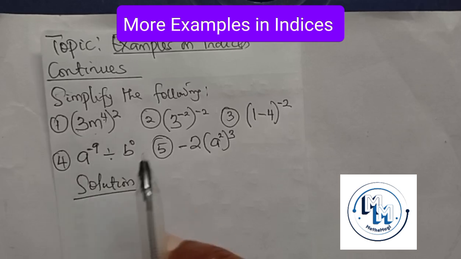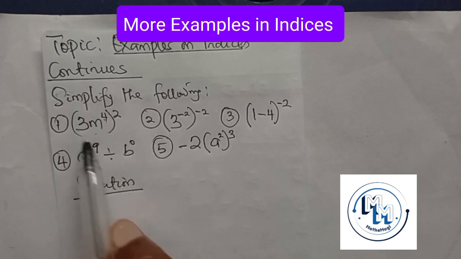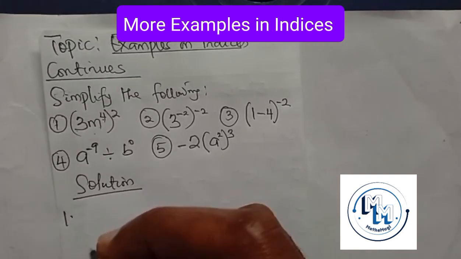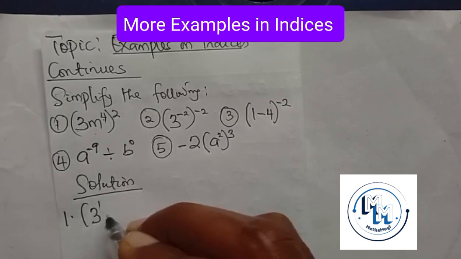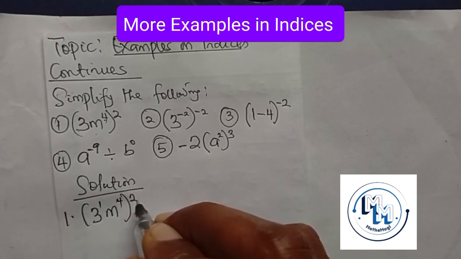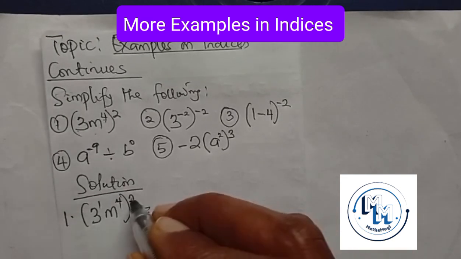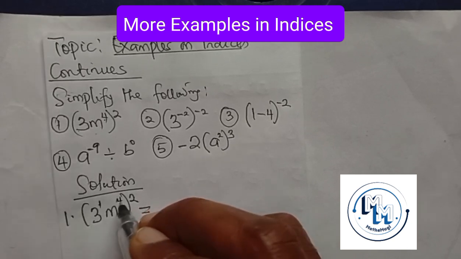It affects all the powers inside. Now watch, this number 3 can be written like this: 3 power 1, m power 4. So the 2 outside is affecting this power 1 and this power 4.